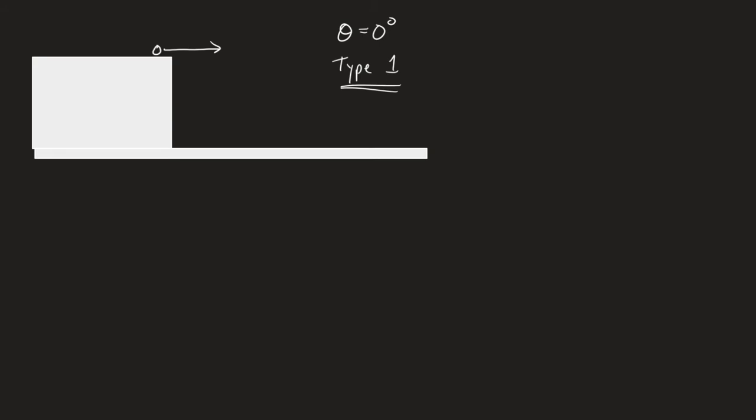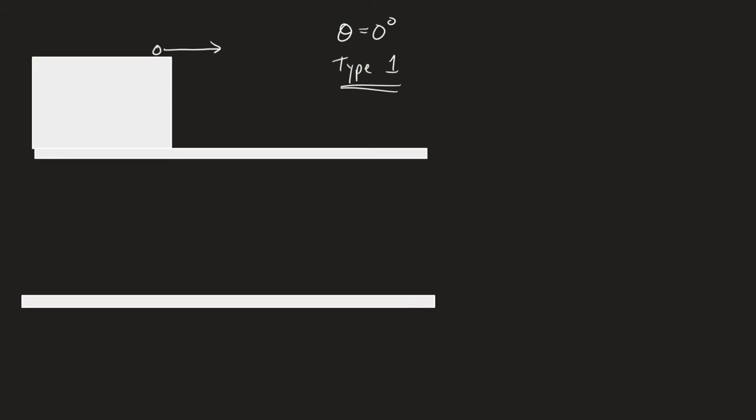Now, I'm going to tell you what the 3 types are just so that I have a kind of a starting vantage point. Because I call this one a type 2 problem. In a type 2 problem, the object is launched from the ground at some angle. Now, what makes this problem a simplification is that this problem is going to land someplace over here on the same level at which it took off.